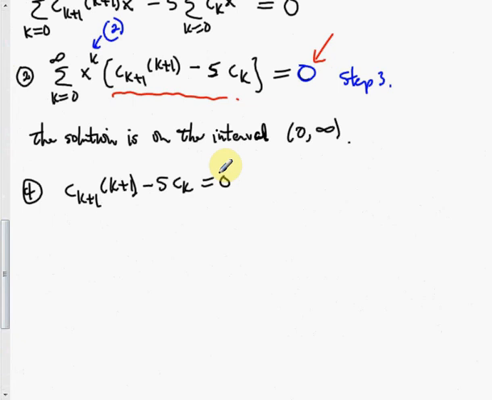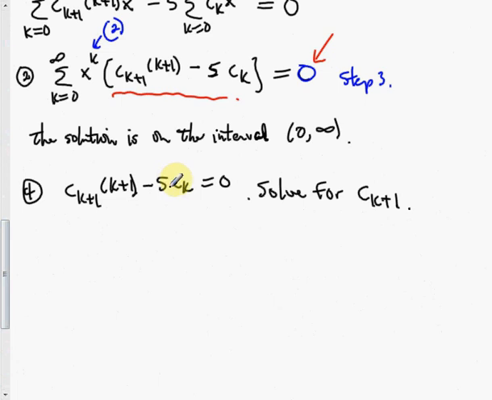Solve for c sub k plus 1. I know my time is up, but this is the type of problem that you get in the middle of it, you really just got to finish it, because if not, come back later, you'll just be completely lost. So solve for c sub k plus 1.